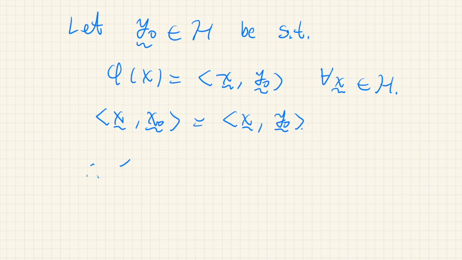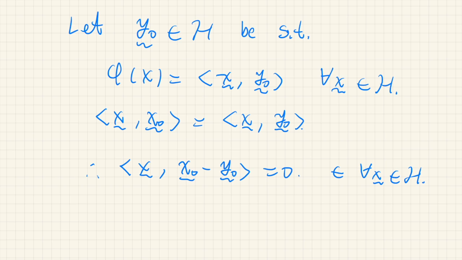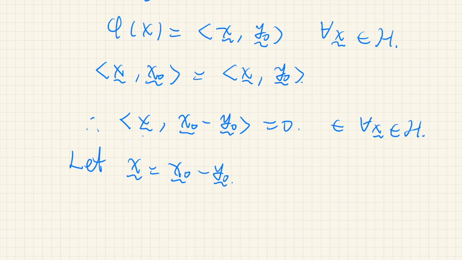So that means we have ⟨x, x0 − y0⟩ = 0, and this holds for all x in H. Now this x can be anything, so let x be x0 − y0.